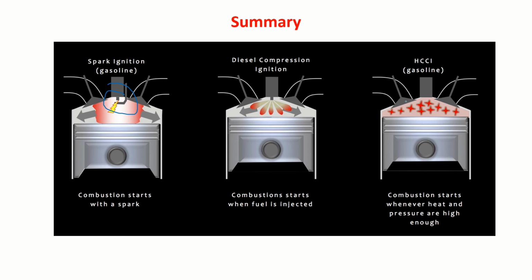Again, here you are not using any spark plug. So combustion starts whenever heat and pressure are high enough. In this case, because of the compression, the temperature will be high enough to ignite the mixture, but here you are using the spark plug. That's how ignition happens.